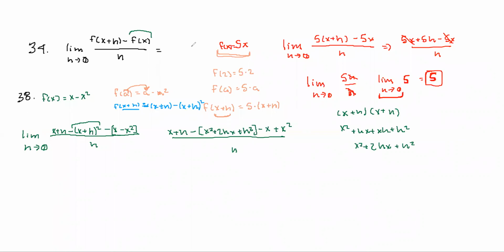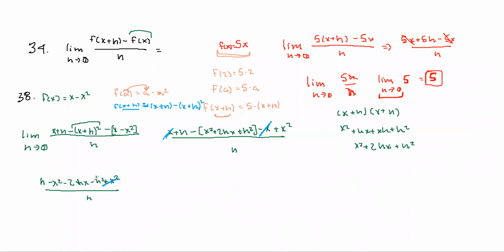I can go ahead right now and cancel that x and that negative x. So now I'm looking at h minus x squared minus 2hx minus h squared plus x squared, over h. And this limit is still here. I've just not written it out because it's really cumbersome.